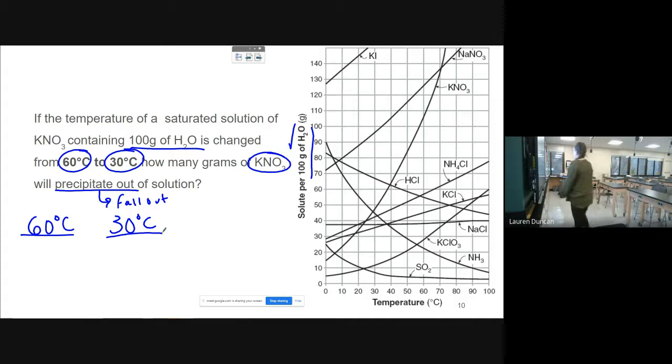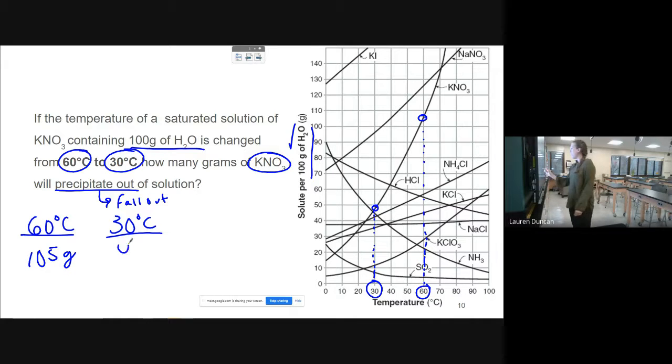So if you go to 60 degrees on the x-axis and you read up till you hit the KNO3 curve, all the way up here, it looks like about 105 grams of KNO3 will dissolve at 60. And then we're cooling it down to 30 degrees Celsius. So you would read up until you hit the KNO3 curve again.